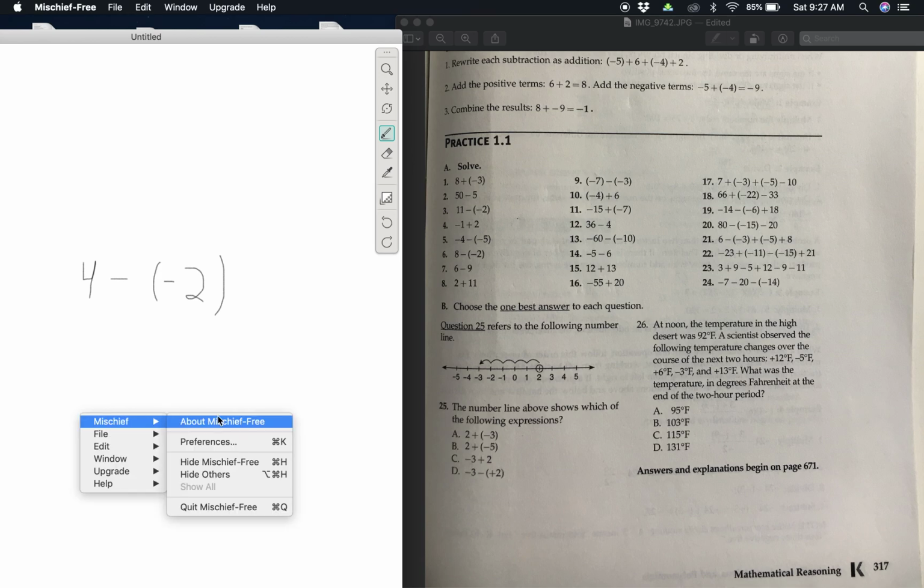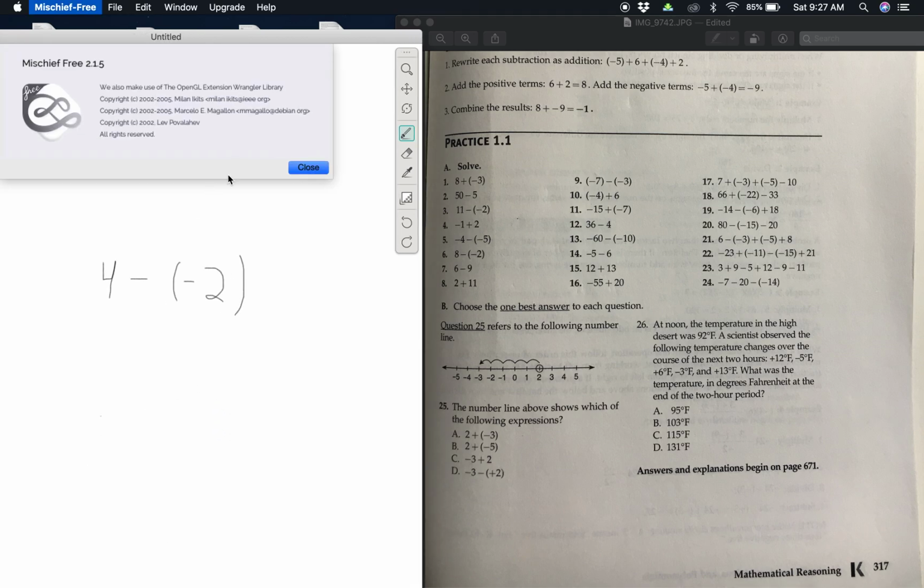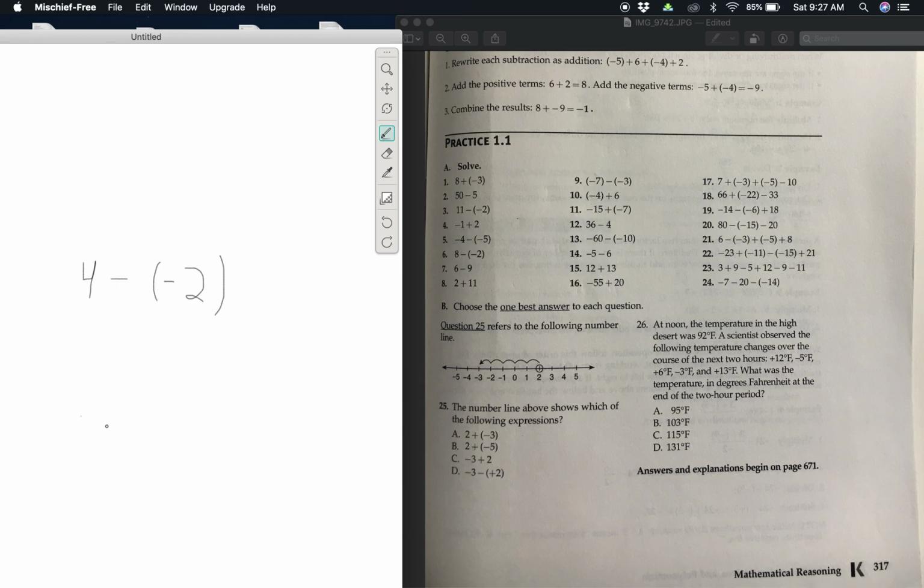So here's the line that we saw earlier. The 0, 1, 2, 3, 4, 5. Okay, these are all negative because it's to the left of 0.